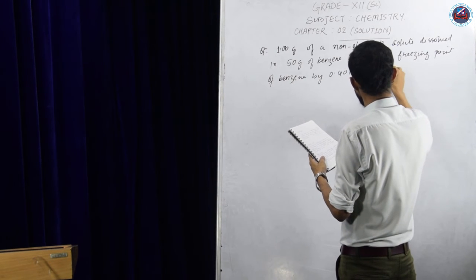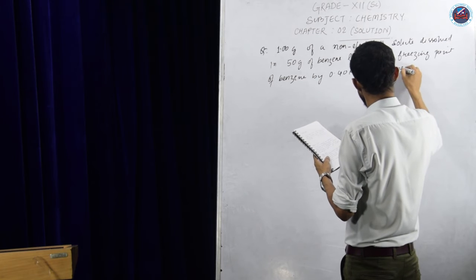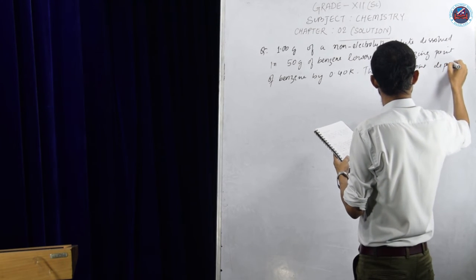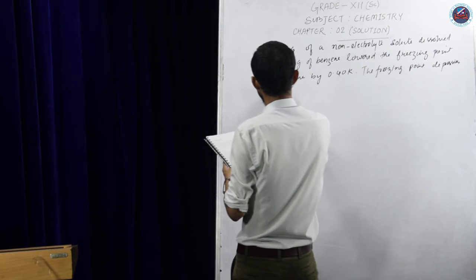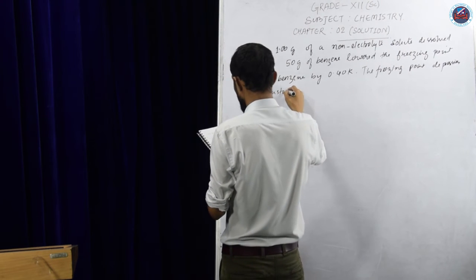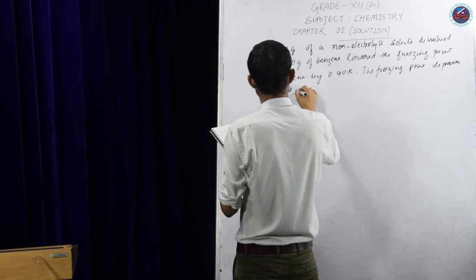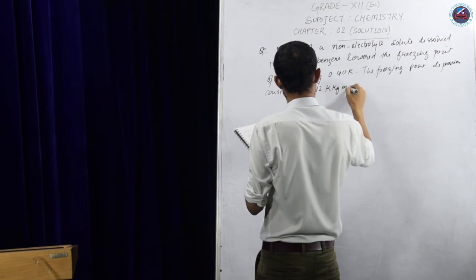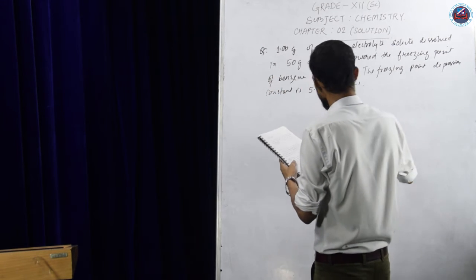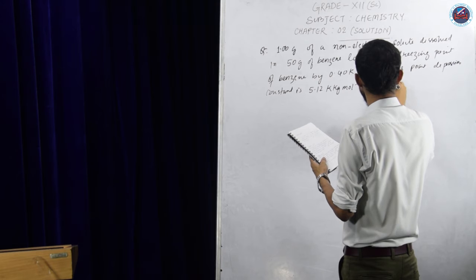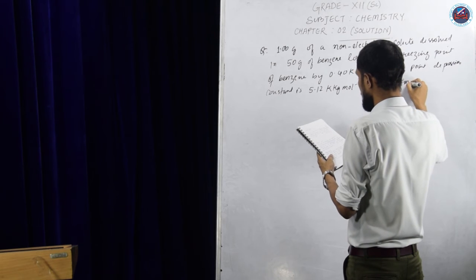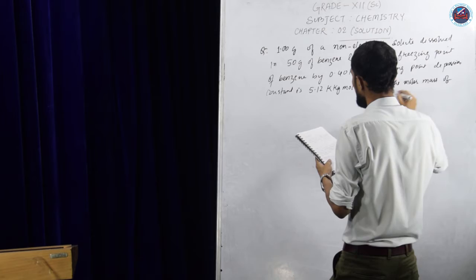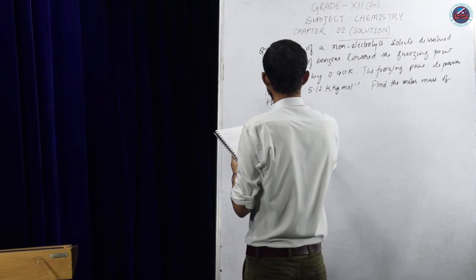The freezing point depression constant, that is Kf, is 5.12 Kelvin Kg per mole. Find the molar mass of the solute.